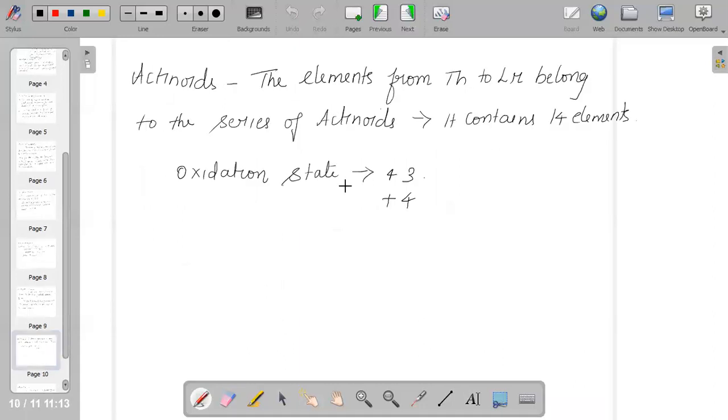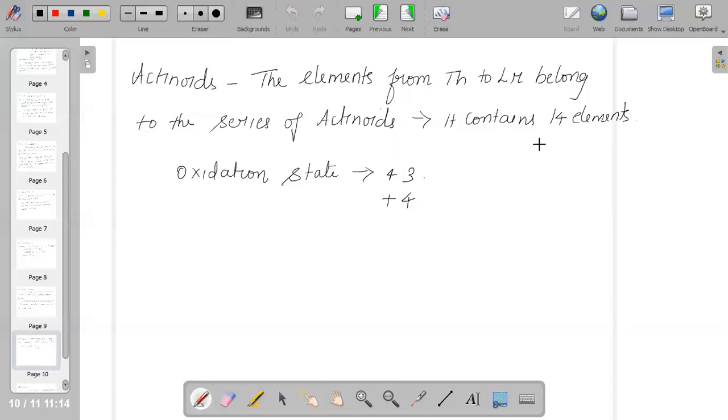And when we are talking about the actinoids, which are also F block elements, the elements from Th to Lr belong to the actinoid series. In total, there are 14 elements, and of course they are very radioactive in nature.